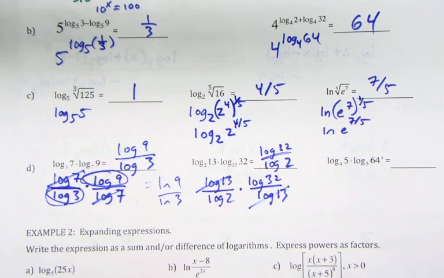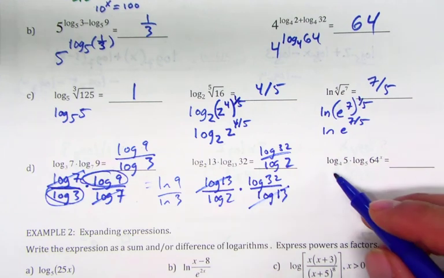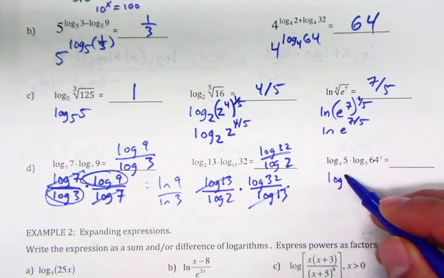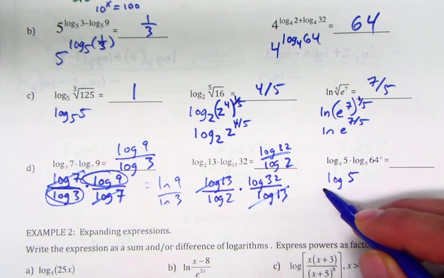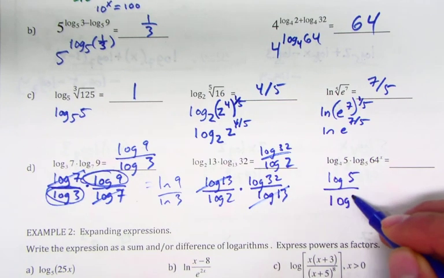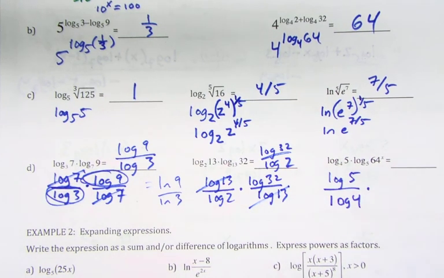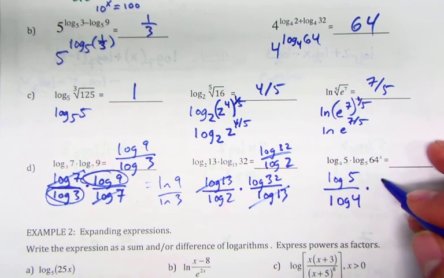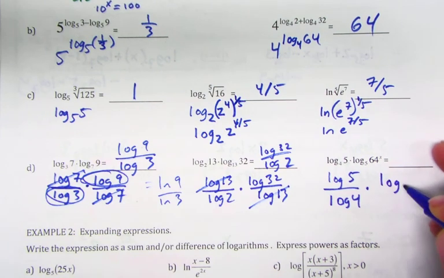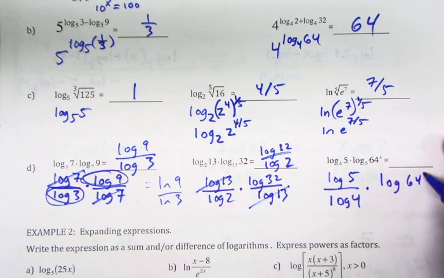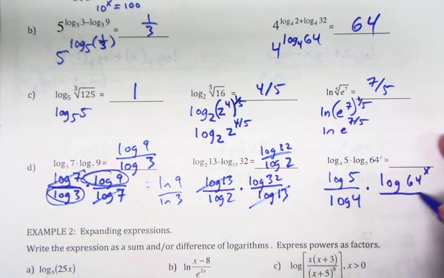Okay. All right, let's see what we can do here. This is the same as log of 5 divided by log 4 times log of 64 to the x over log 5.